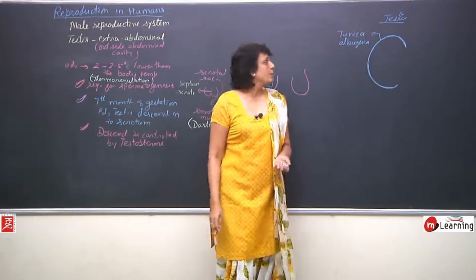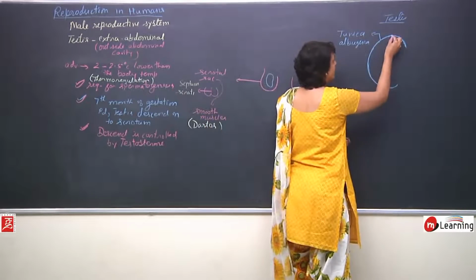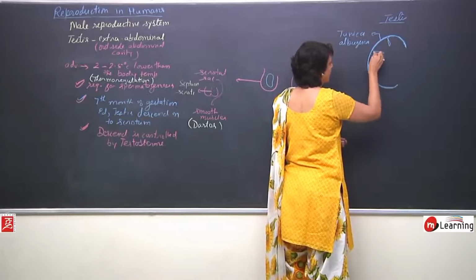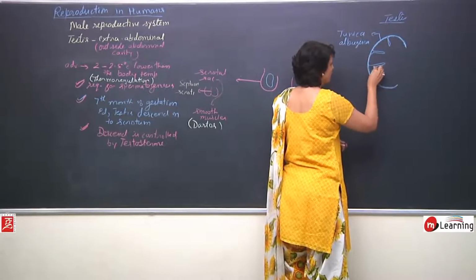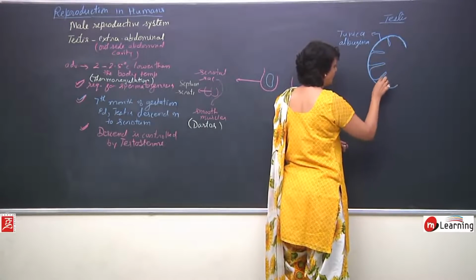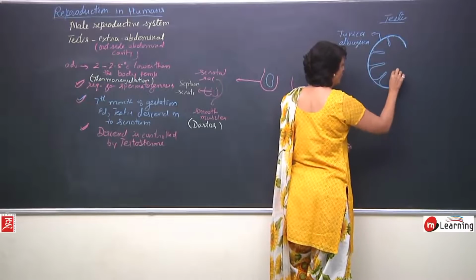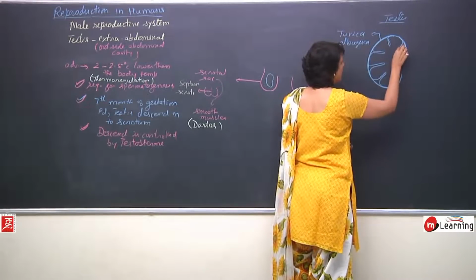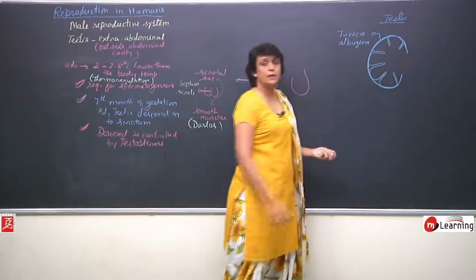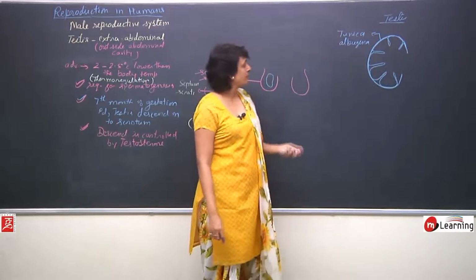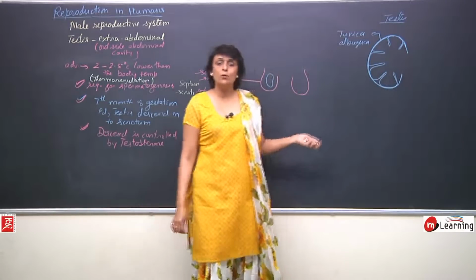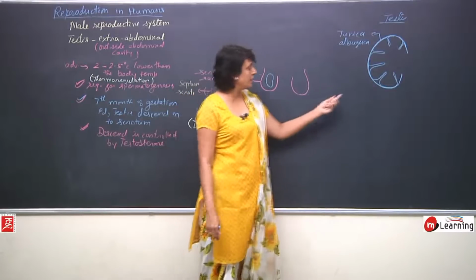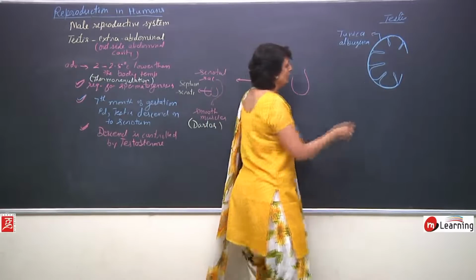This tunica albugina on the inner side is thrown into folds, and because of these folds, the inner compartment of the testis is divided into many smaller compartments or locules. Each testis has about 200 locules, the number is slightly variable. So, these are the locules.